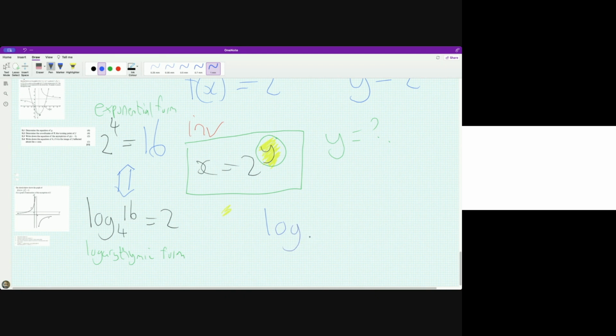If I said to you, could you tell me what the log of 27 to the base 3 is without a calculator? Do you think you could tell me what the missing block is here? What do you think is going to be in this block here?